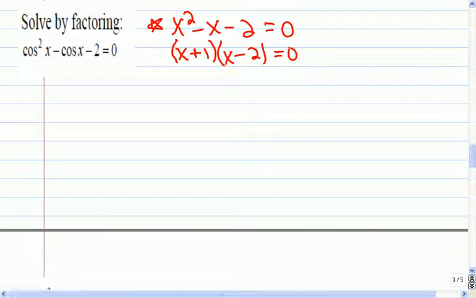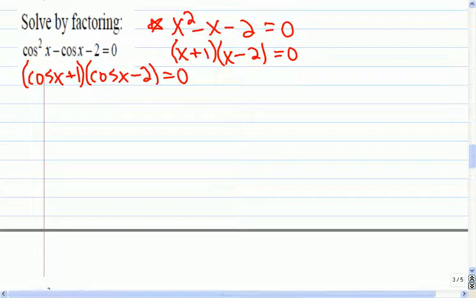So really, what that means in this case is I have cos x minus 1 and cos x plus 1 minus 2? Yeah, plus 1 minus 2. So this is the equation I'm actually trying to solve. Okay, but they're very similar whether you use x's or cosines.